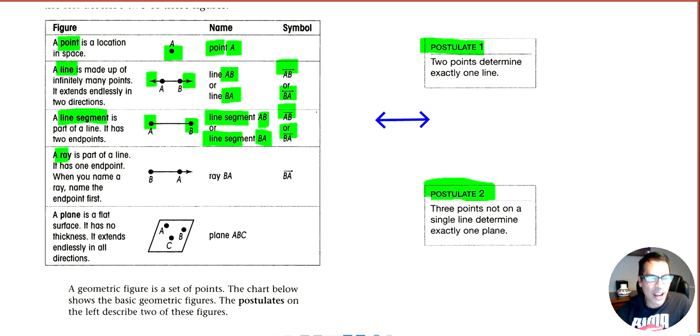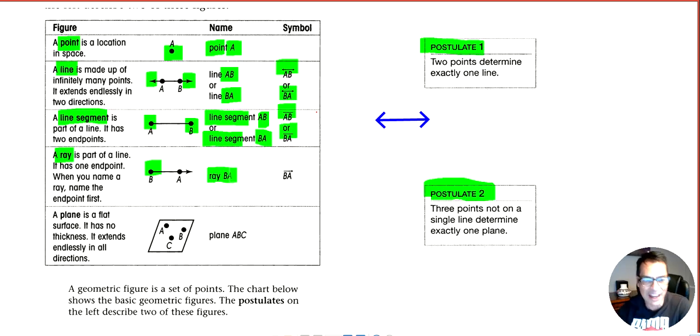Next we have a ray. A ray is going to be a part of a line, but it has one endpoint like you see here. When you name a ray, you're going to name the endpoint first. The endpoint here is B, so we're going to call it ray BA.